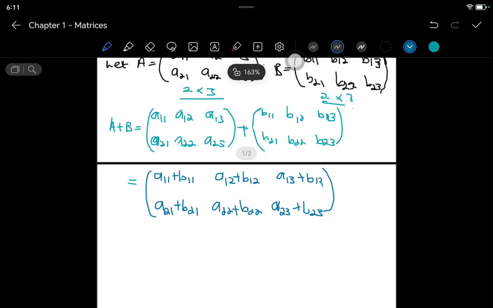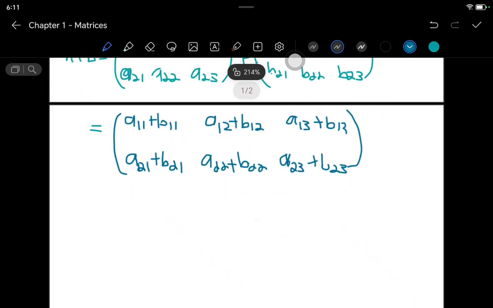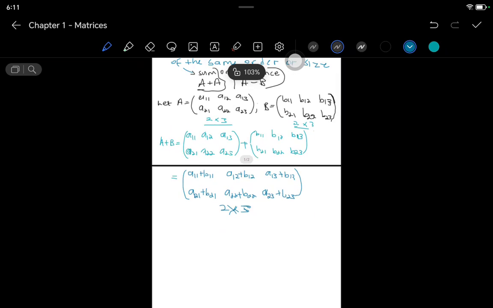You see that? And this will be the matrix addition. The final matrix is still 2 by 3. So that's why we need to add matrices of the same order or the same size, so that we can get the same order at the end, right?